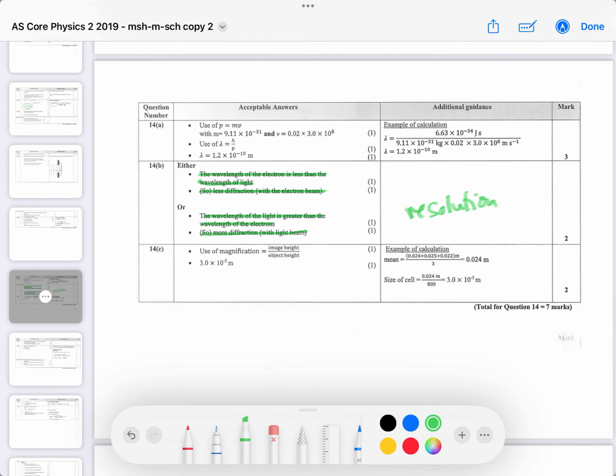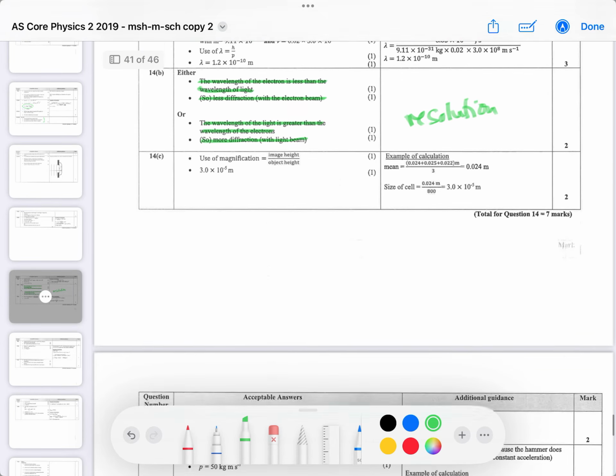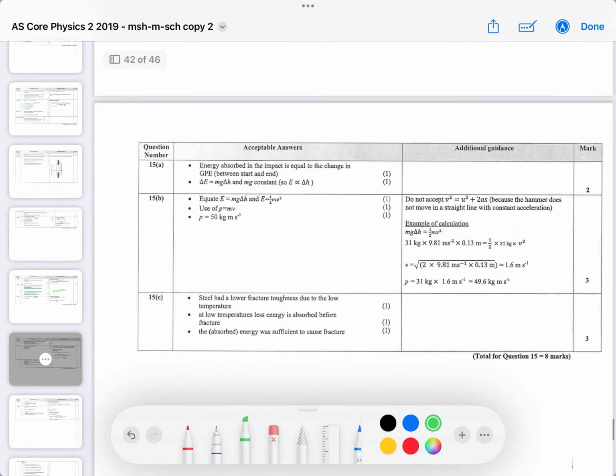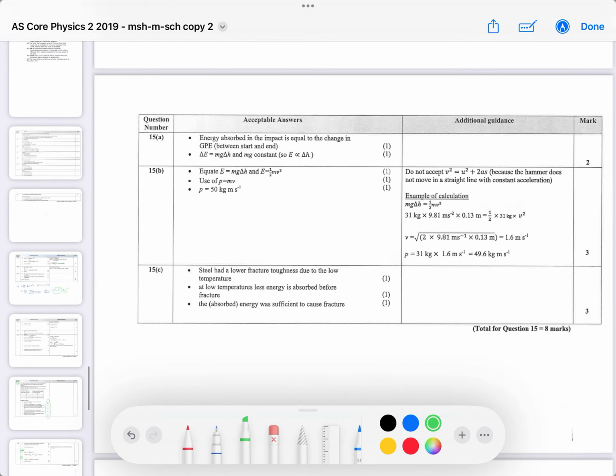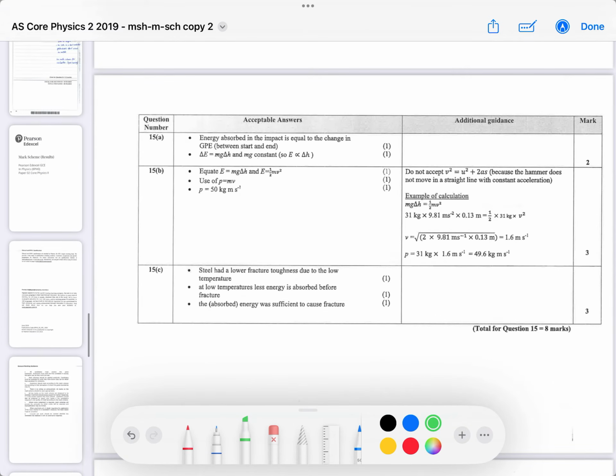And the smaller the wavelength, the better the resolution, which is what they were asking about. And then the image, talking about that was quite simple, no controversy there. And now we're in the final 2 questions, 15 and 16. So let's go straight back into questions 15 and 16 before the mark scheme.